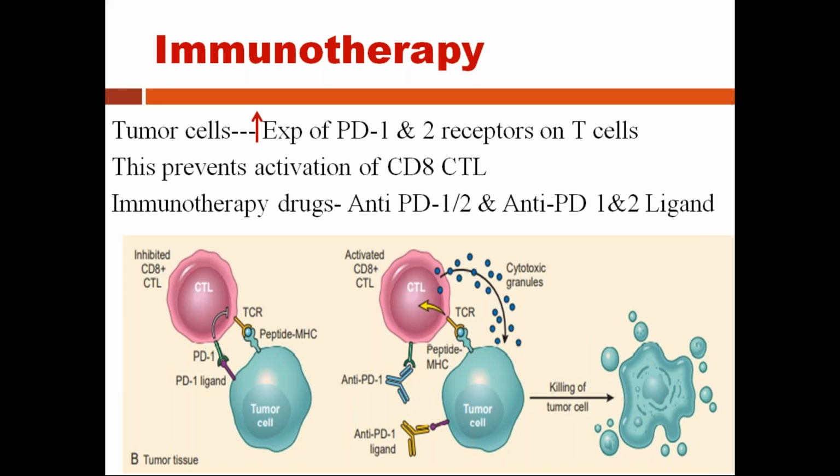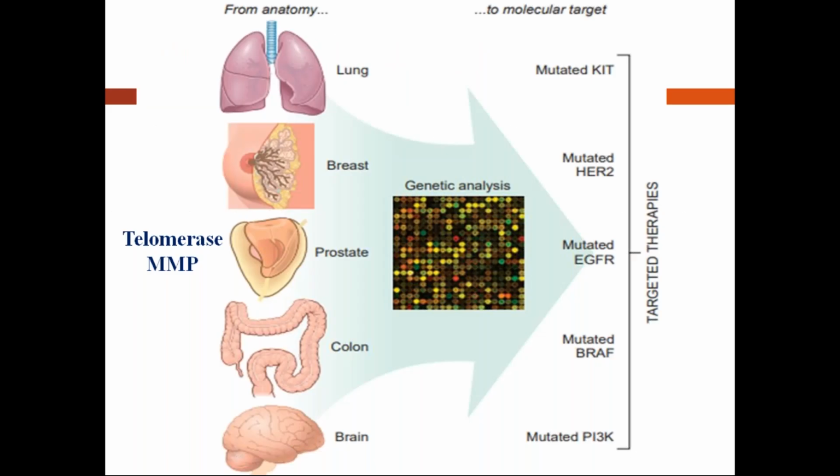Maybe in the first class or the second class, I mentioned something. Clue: what is present at the ends of the chromosome? Telomeres. Yes, telomeres.